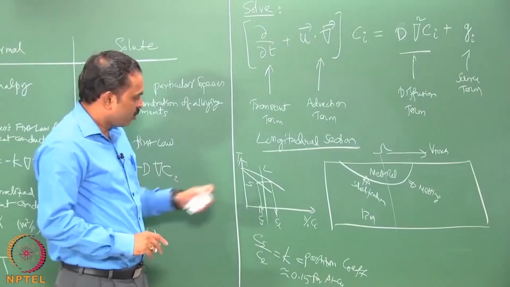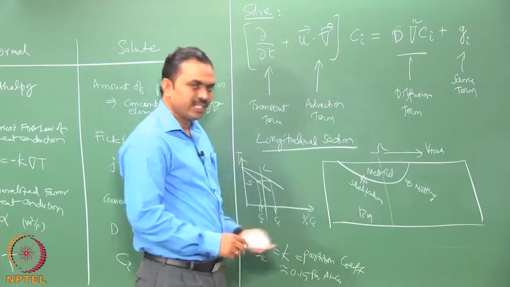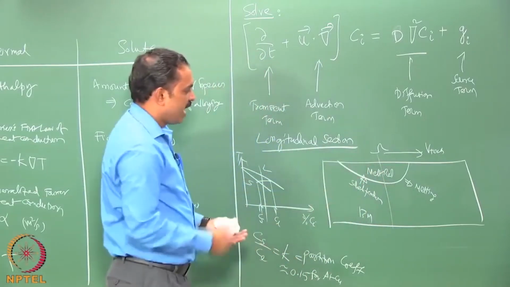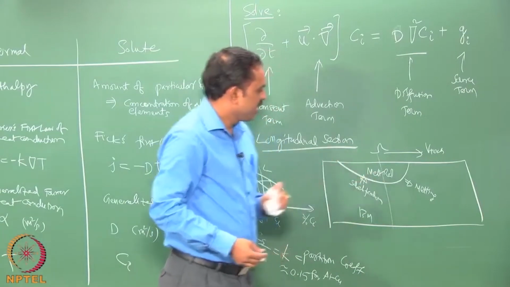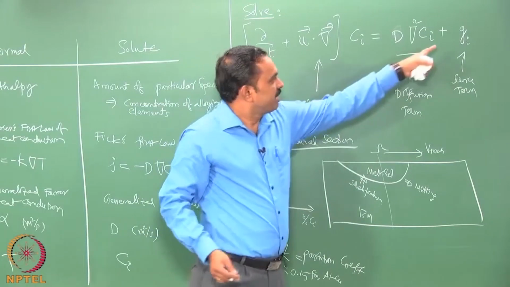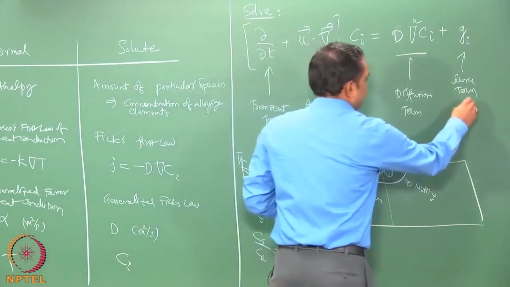So, because of this partitioning effect, then what happens is that on the solidification front some amount of solute will be dumped into the liquid pool, and that would have to be taken care as a special condition. So, if you like you could actually take that into the special term or source term here.